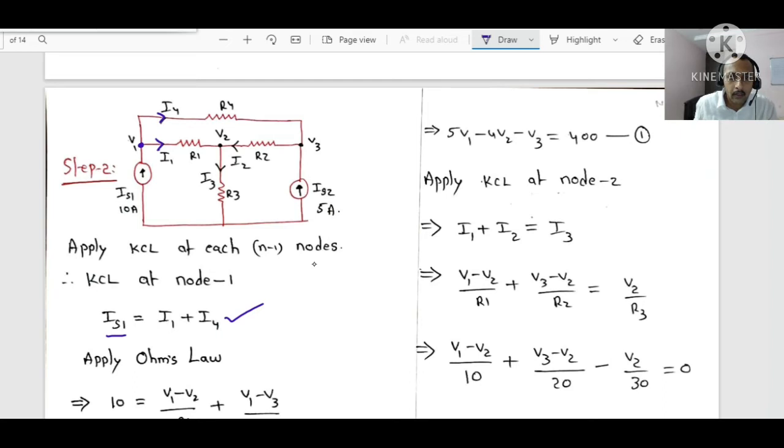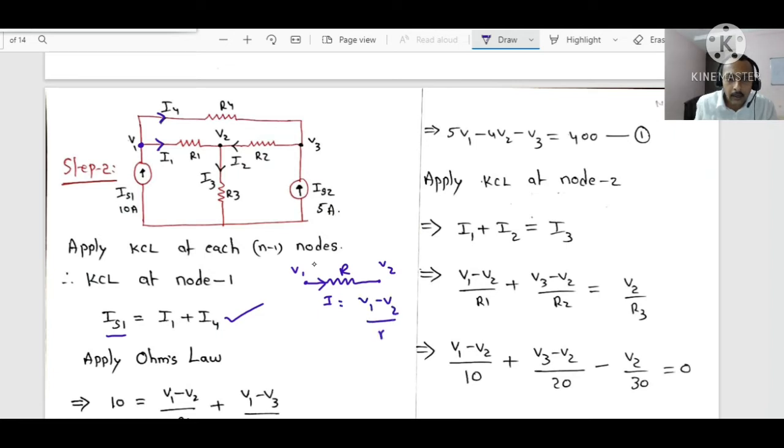Now apply Ohm's law. Don't forget this basic. If you are having a resistor like this, if here the voltage is V1 and at the other end the voltage is V2, if current is flowing like this and this is a resistor R, I will be how much?